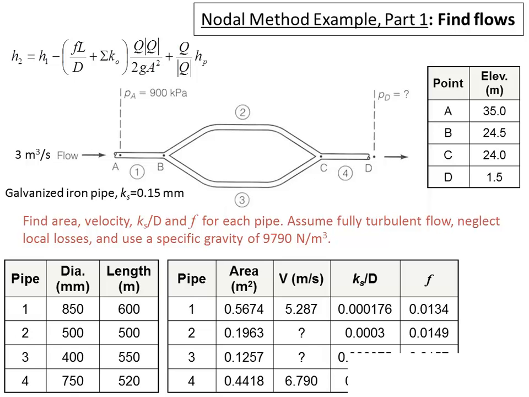The diameter of pipe 2 is 500 millimeters, so 0.5 meters, and 2 times 9.81 meters per second squared. And the head loss through pipe 3 is going to be 0.0157. The length of pipe 3 is 550 meters. The velocity was 8.27 meters per second, squared, divided by the diameter, 0.4 meters, and 2g.